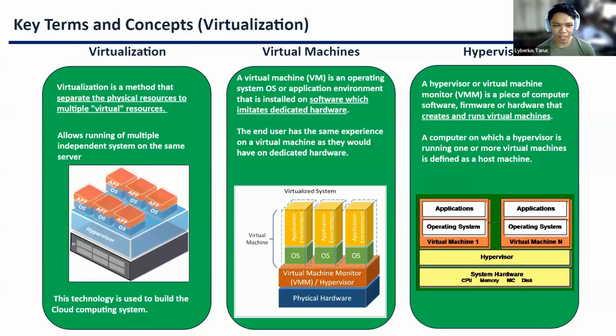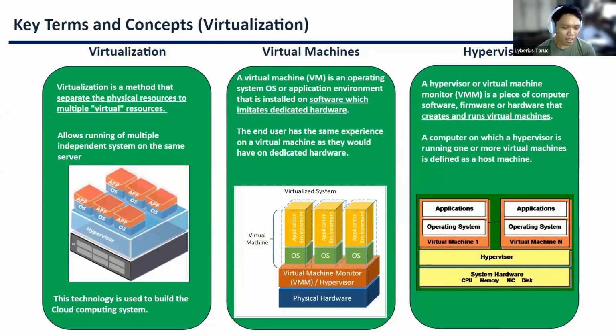But on top of that, we can create smaller computers, wherein they also have their own memory, their own storage, their own core or processor, and they run independently from the physical host machine.